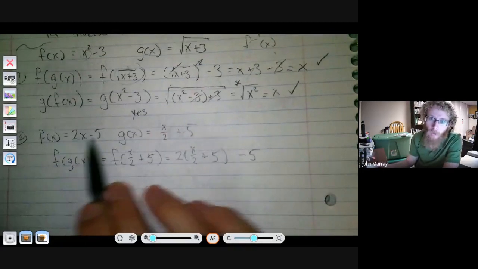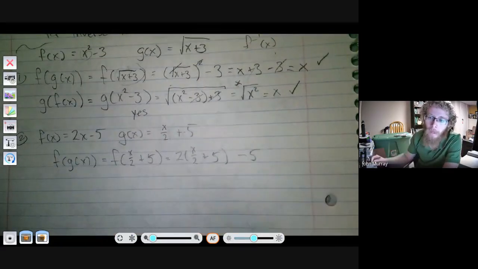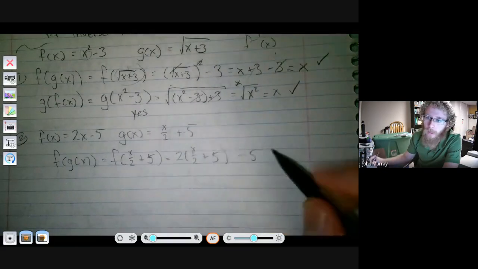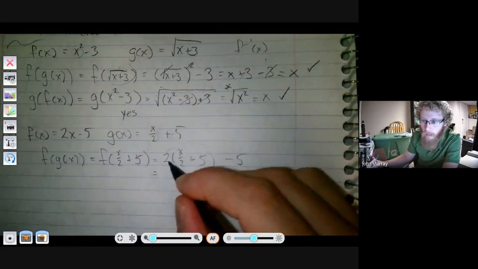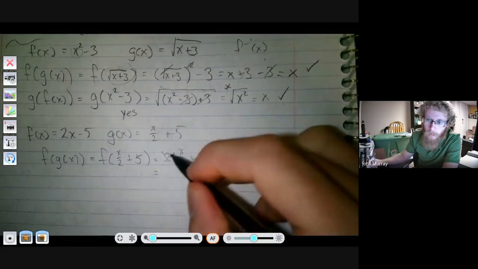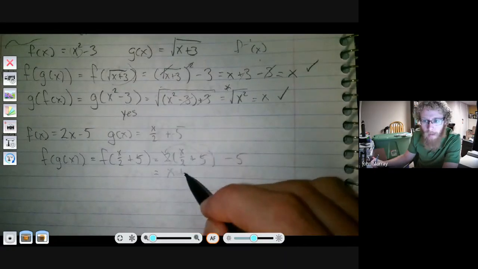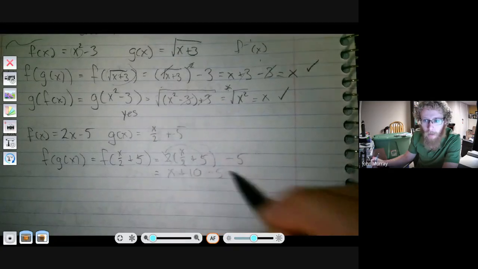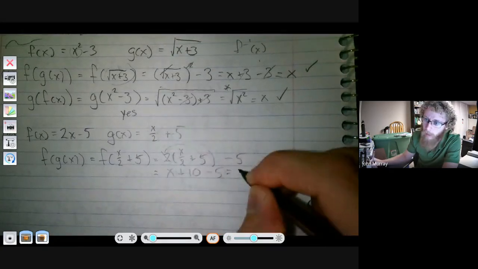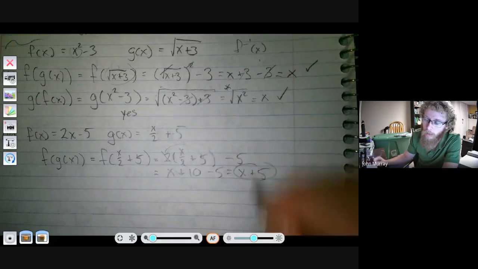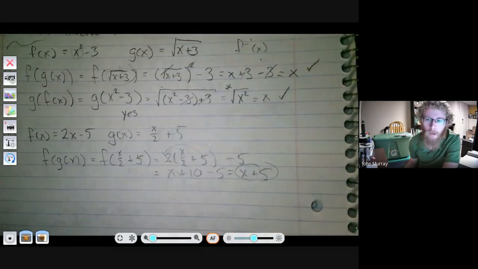Make sure this whole expression goes in there. First thing I have to do is distribute this 2. So the 2s cancel out, leaving x. Then I have 2 times positive 5, so that's plus 10, minus 5. So I'm left with x plus 5.